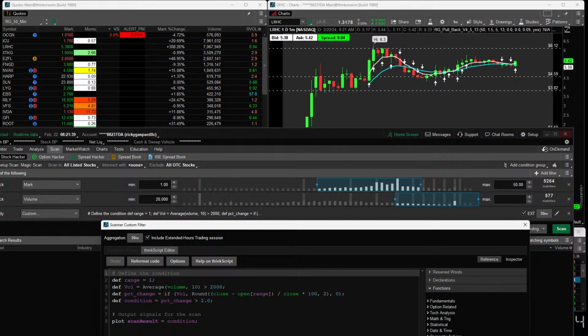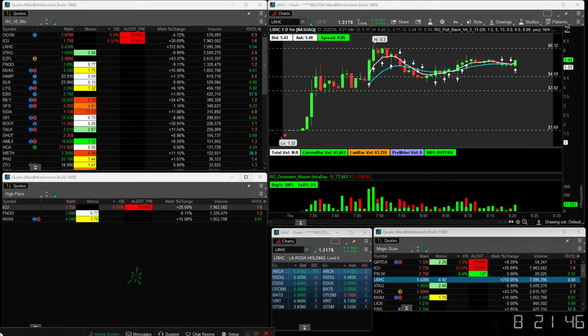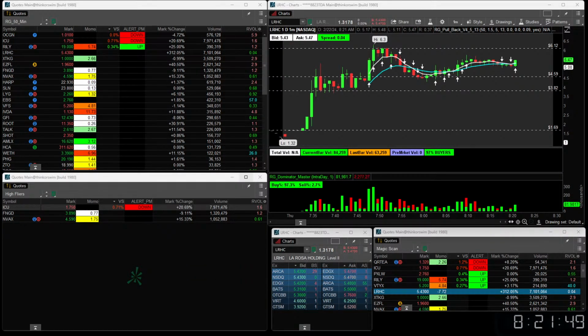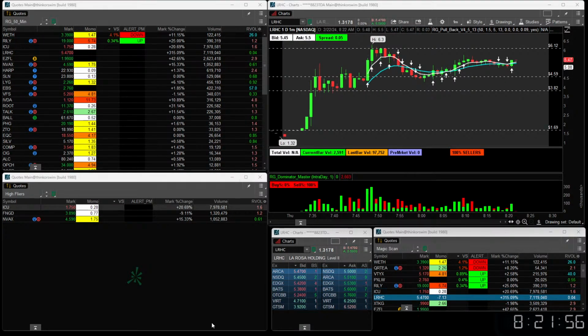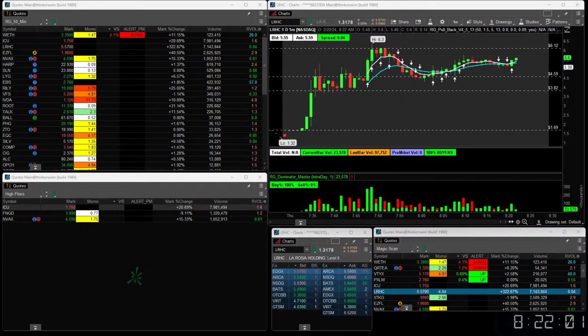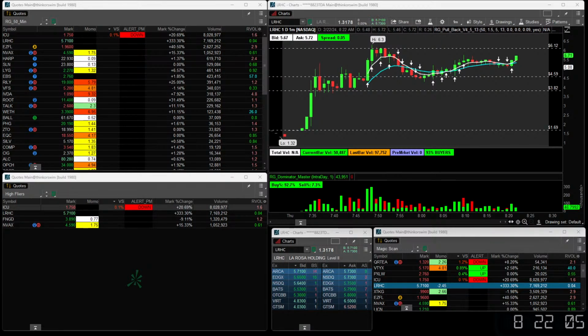And that's the settings I'm running on Magic Scan. It is posted in Discord on TOS Scans.